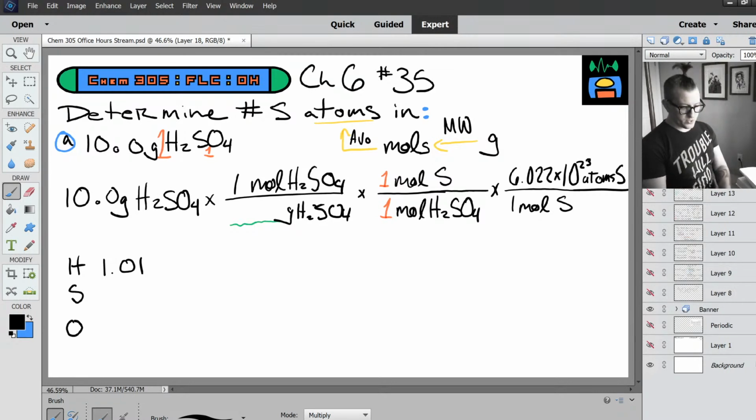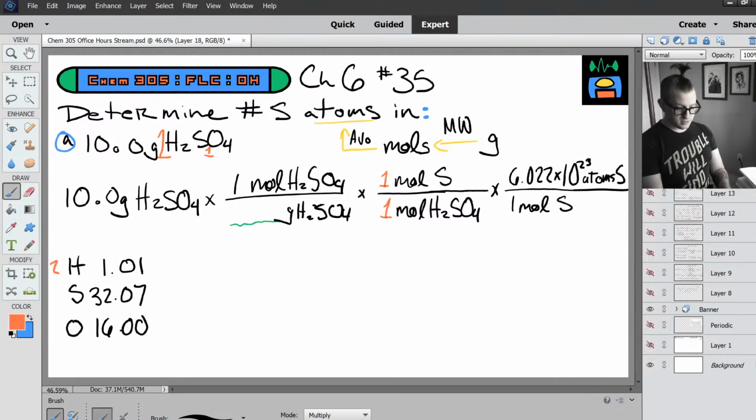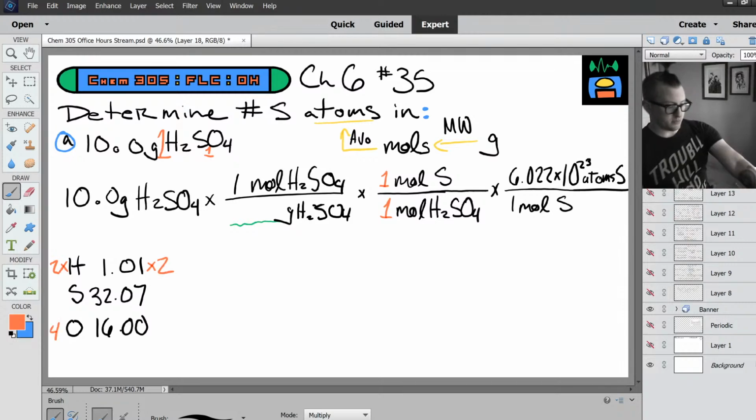Let's see, sulfur is 32.07, oxygen is 16.00. All right, but we have 2 hydrogens, 4 oxygens. So we need to multiply both of these.